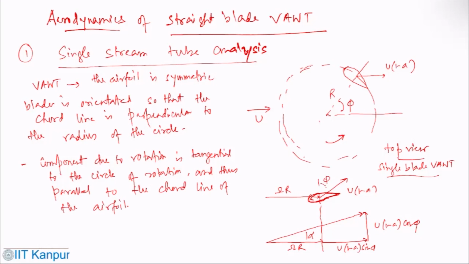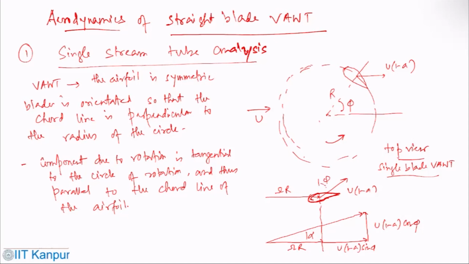Also, one component of the wind acts tangentially, and another component of the wind is normal to the circle, so perpendicular to the airfoil, as you can see. The induction factor a accounts for the deceleration of the wind as it passes through the rotor.